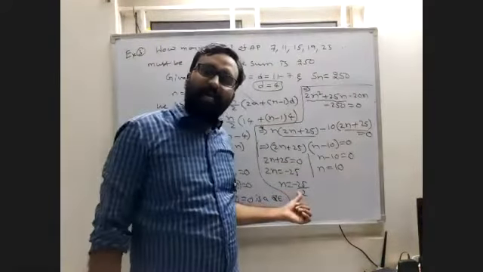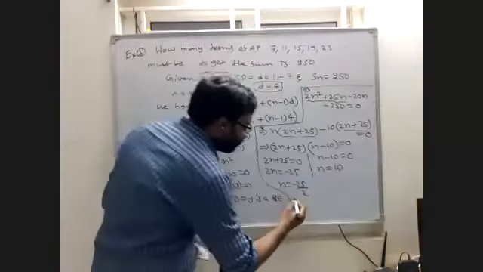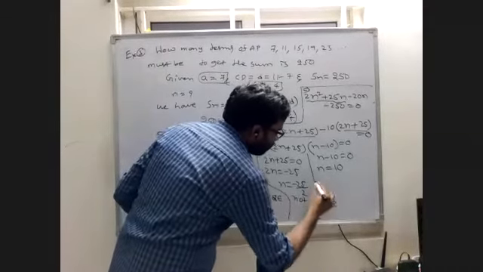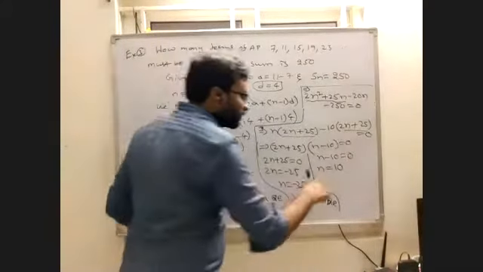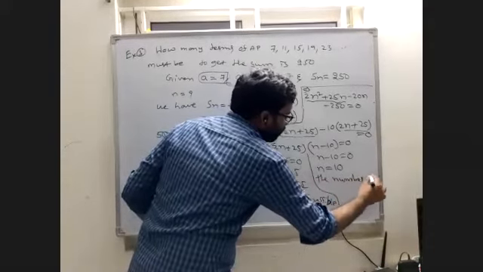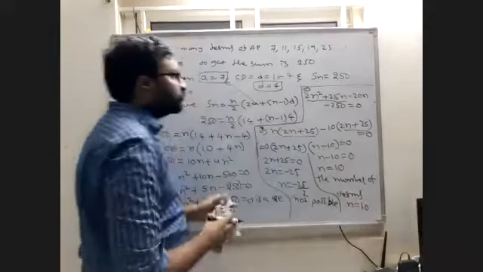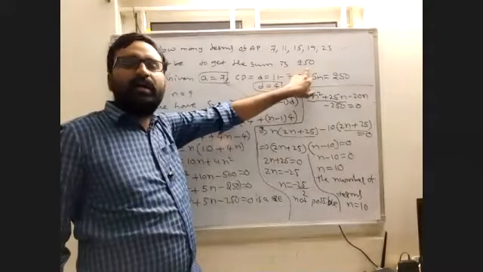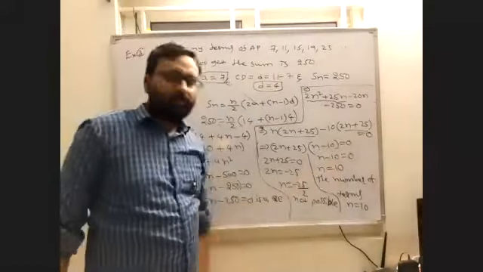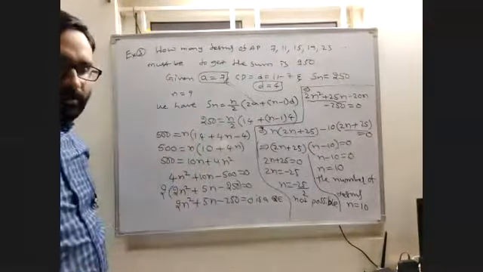We will not get a fraction, and this is not an integer, this is a fraction and also negative. So this is not possible. Only this is possible, n is equal to 10. So to get the sum of the given arithmetic progression as 250, the number of terms should be 10. Then only we will get the sum 250. So this is the solution of this problem.